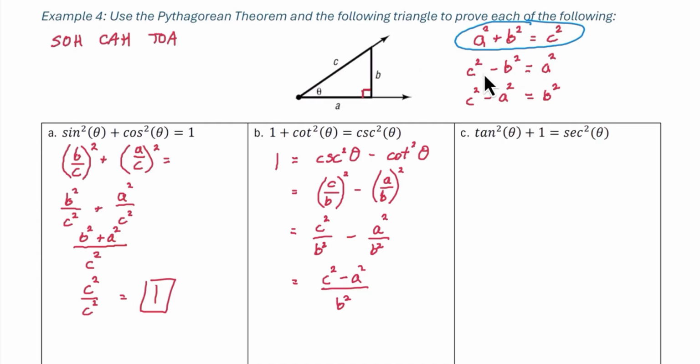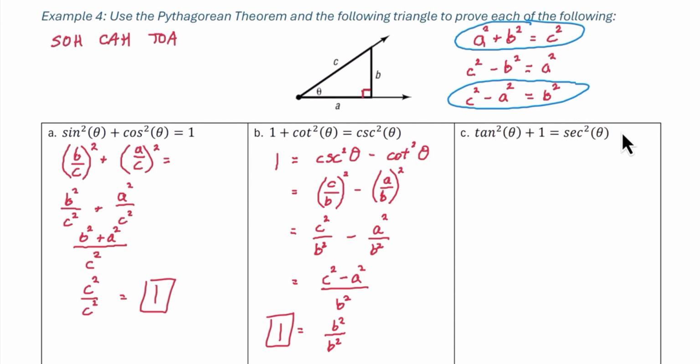Earlier we said that c squared minus a squared is b squared, so we can replace that numerator with b squared. We have b squared divided by b squared, which is 1.